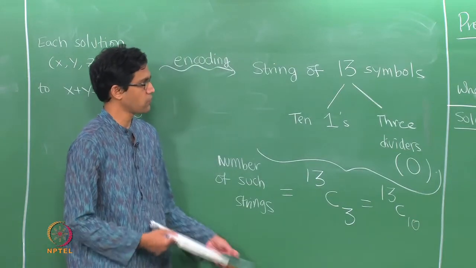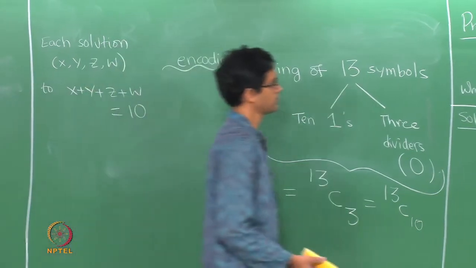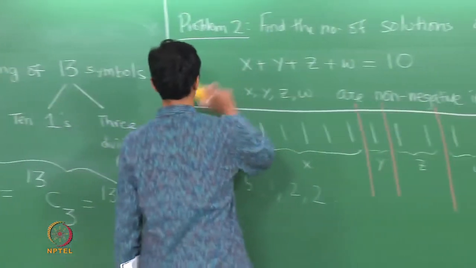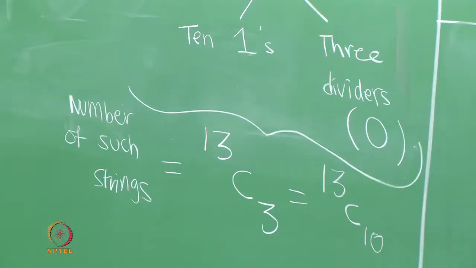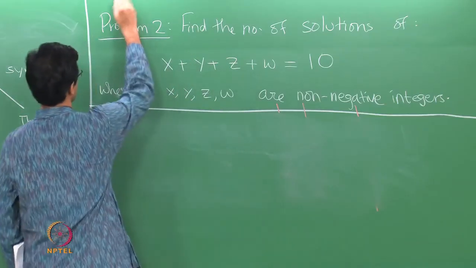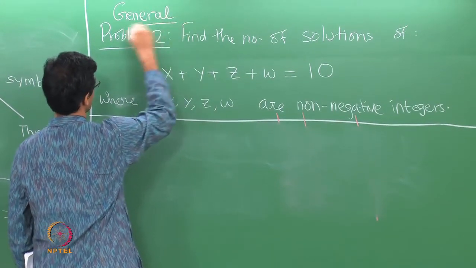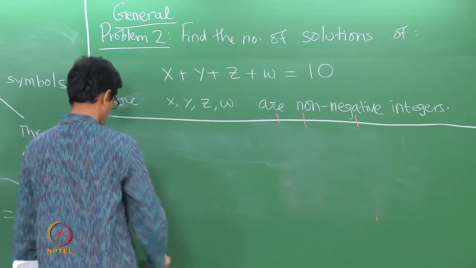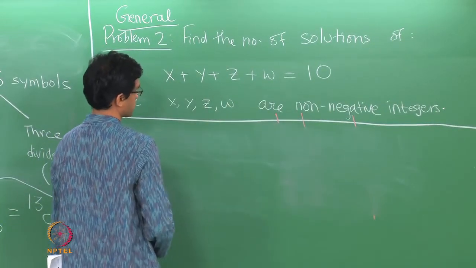So now of course it's clear what the general solution will look like. Let's write out a general version of problem 2. Find the number of solutions of, well, of what? Here I only have 4 variables, x, y, z and w.